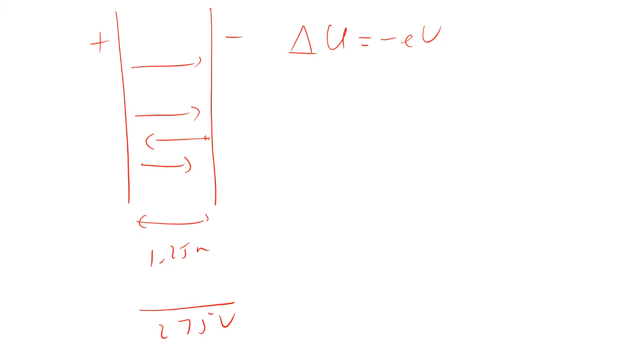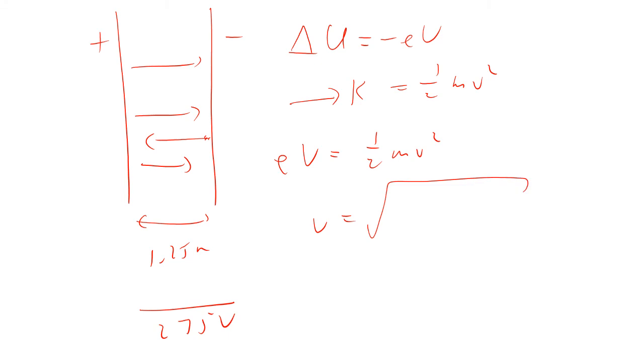Well, where did the energy go? It dropped by eV. Where did it go? Well, it became kinetic energy. Kinetic energy is 1/2 mv squared. So we have eV equals 1/2 mv squared. Okay, so v is going to be the square root of 2eV over m.